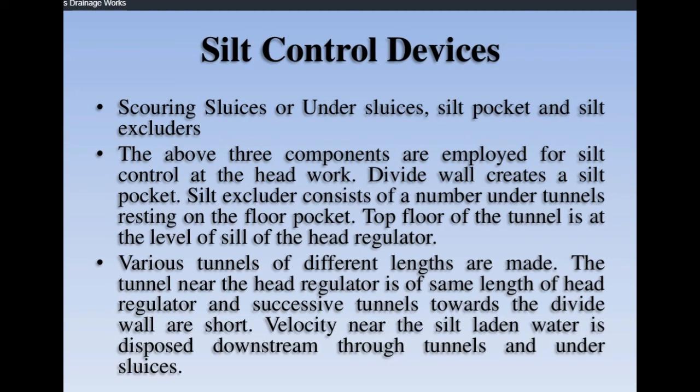Silt excluder consists of a number of under tunnels resting on the floor of the pocket. The top floor of the tunnel is at the level of the sill of the head regulator. Various tunnels of different lengths are made. The tunnel near the head regulator is the same length as the head regulator, and the successive tunnels towards the divide wall are shorter. The silt laden water near the bottom is disposed downstream through the tunnel and the undersluices.